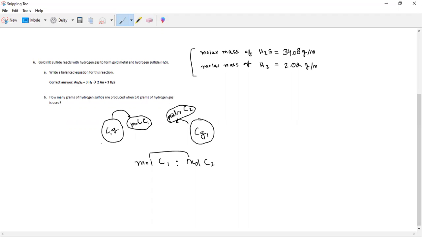We went from grams to moles, and then we can ask, how many grams is that many moles? If moles of C1 is to moles of C2, I can just ask, how many grams is that many moles of C2?